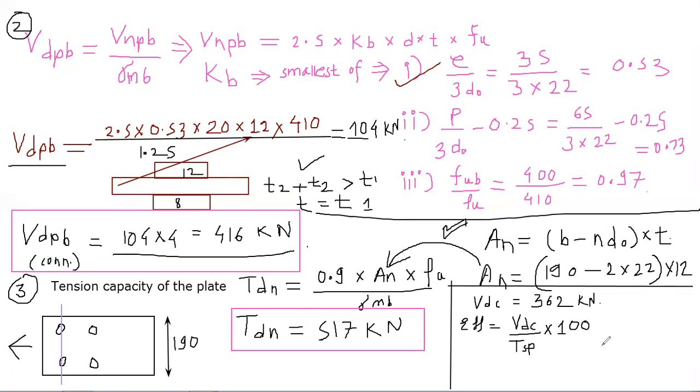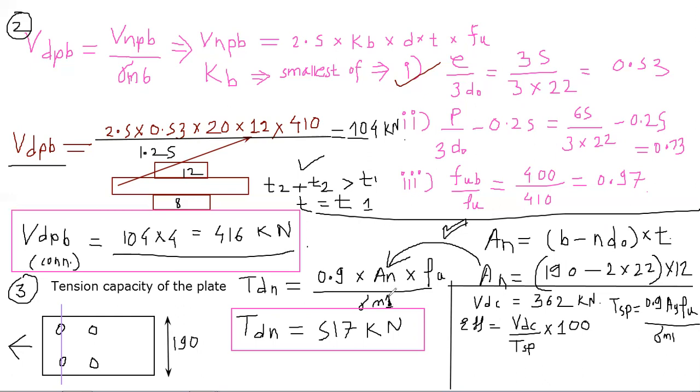The formula for the TSP is equal to, same formula is there, only some difference, 0.9 multiplied by AG, that is the gross area, multiplied by FU, that is the ultimate capacity of the plate, divided by gamma m1, which is again the partial factor of safety. This is gamma m1. Okay, make this correction.